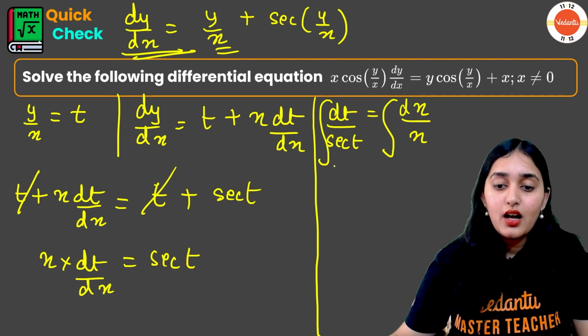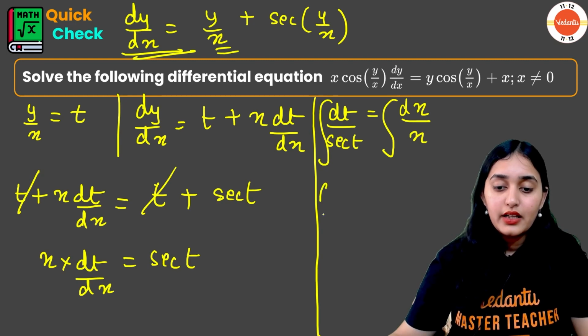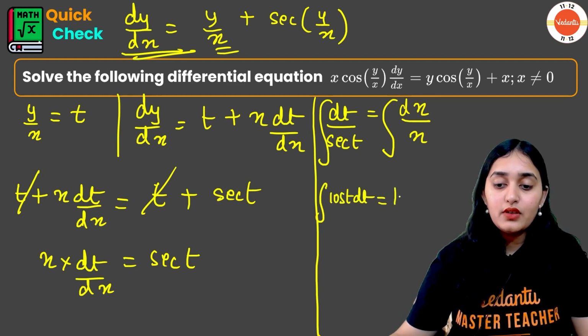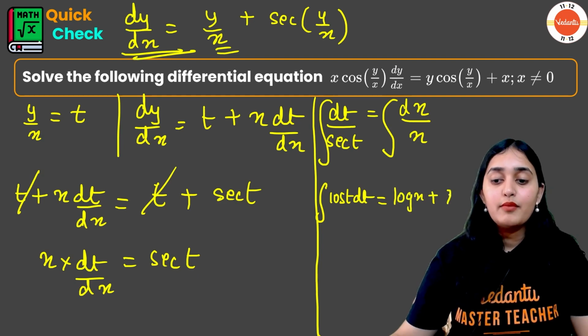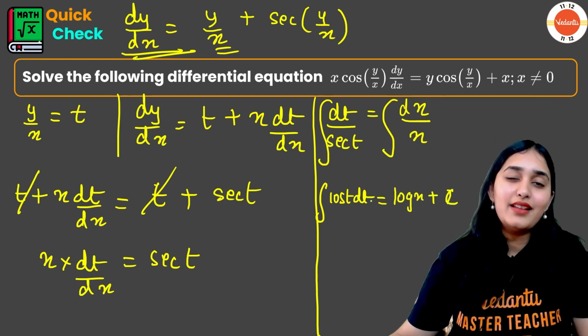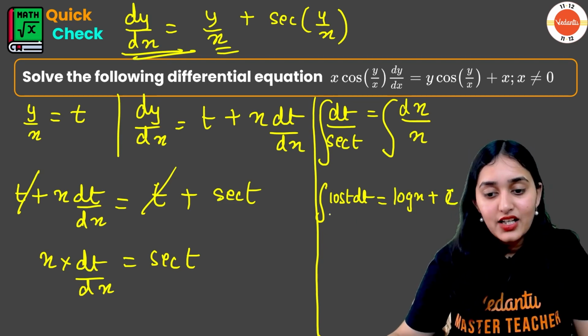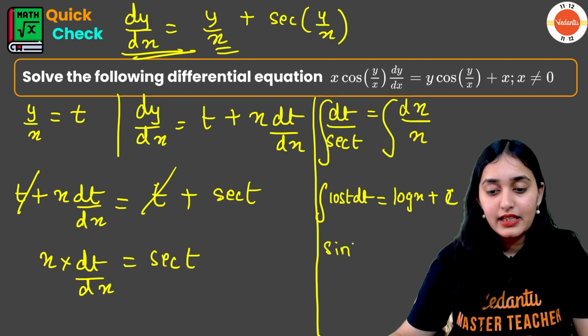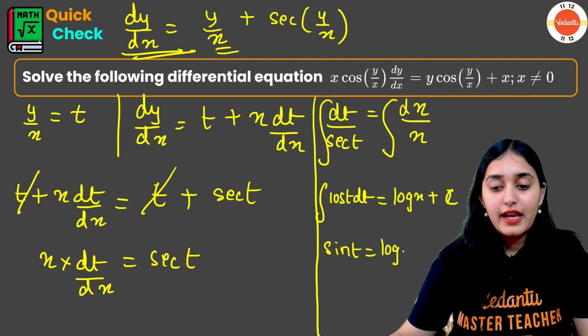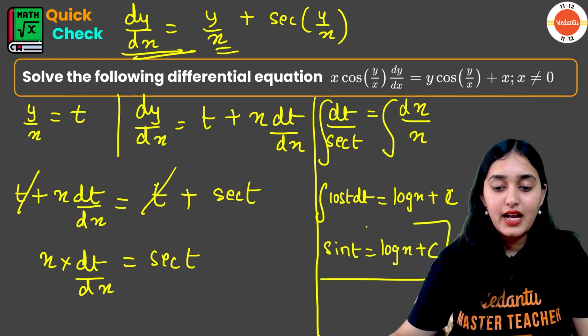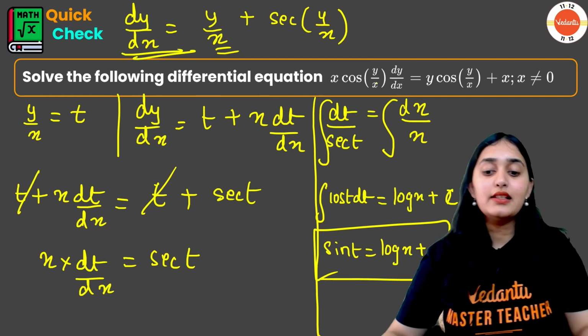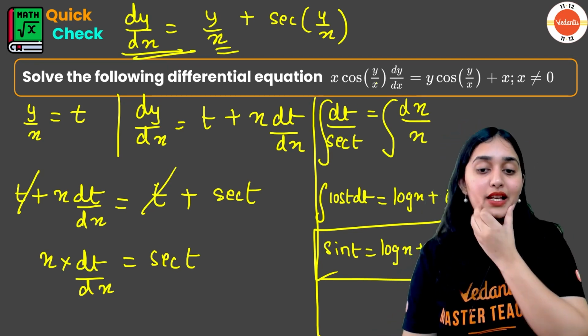So the integration of cos t dt is equal to log x plus c, because the integration of 1 by x is log x. Now cos t integration is sin t. So this will become sin t is log x plus c. This is our answer.